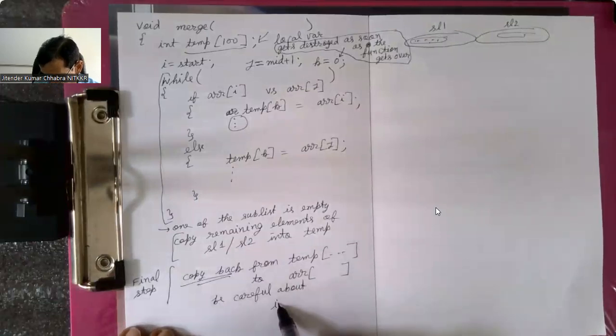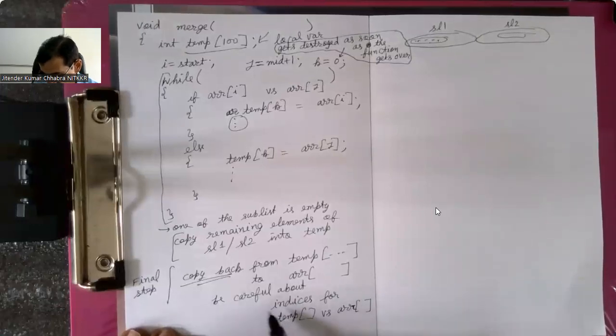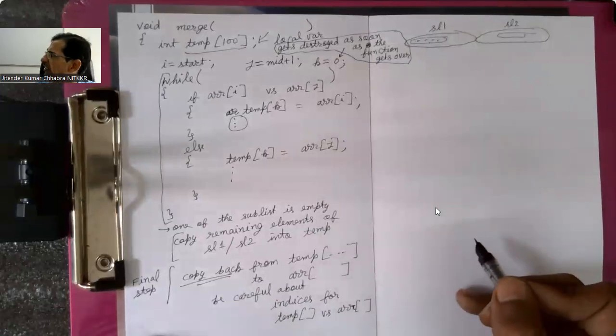The indices which you will use for temp versus ARR. I'm just giving you one idea where you are likely to make a mistake. That will be more clear once I take an example.